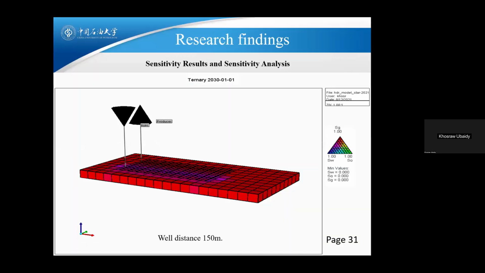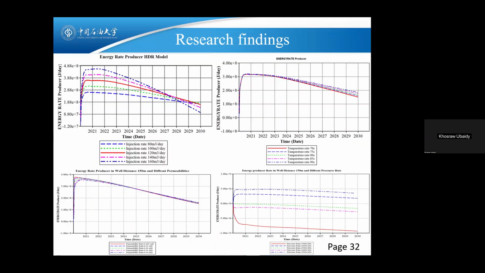Here is for well distance 150, which we can see the heat distribution is a little smoother than before. So if we inject a higher temperature, of course, the reservoir would receive much more heat, but the effect of that we will see in the next graphs, which we can see here.